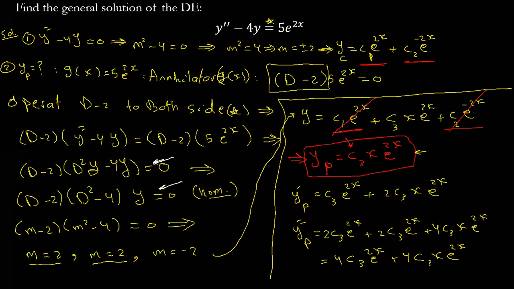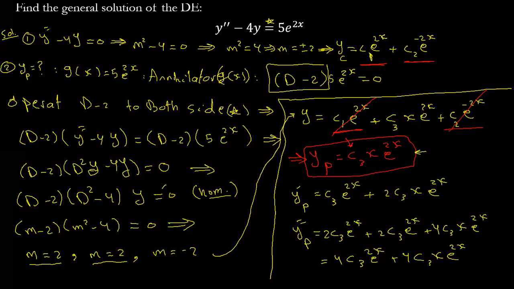Now I'm going to substitute in equation star, but I need a new slide. So here I'm going to rewrite my differential equation to substitute. My differential equation was y double prime minus 4y equals 5e to the 2x. Now I'm going to substitute YB in star.